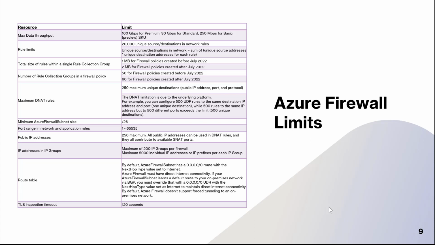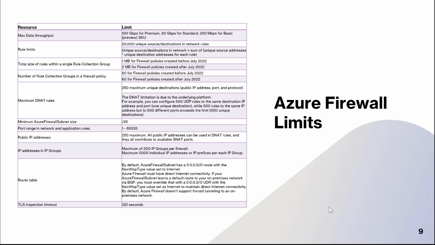There are certain known limitations with this, so please make sure that you read the limitations part and the performance section in my presentation and the known issues. The public IP addresses, all these public IP addresses are attached to the Azure Load Balancer that I showed you before, which is under the hood. You will never see that, and about 250 maximum public IP addresses could be used, right?